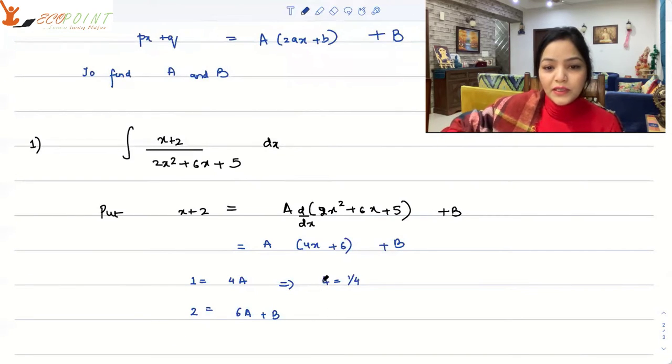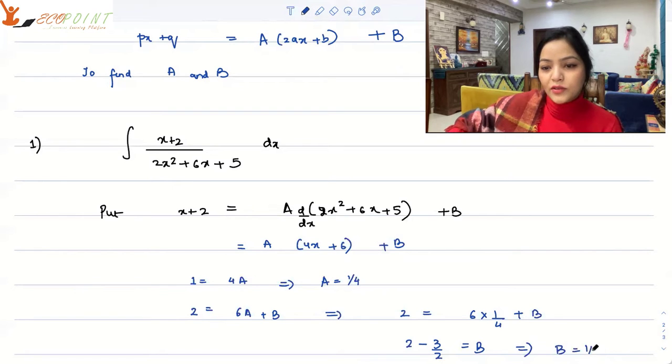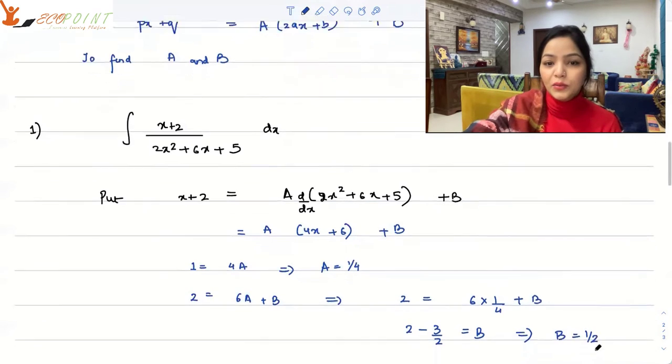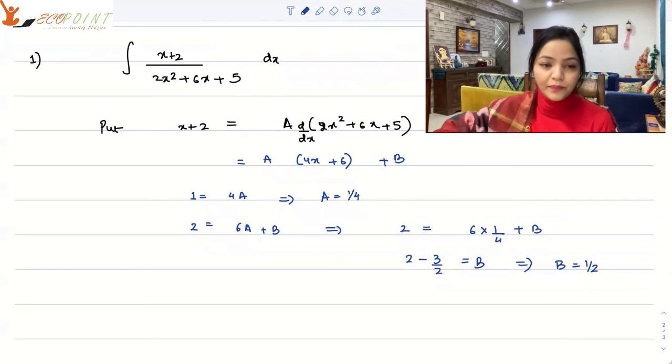If 6a plus b is equal to 2, that implies 2 is equal to 6 into 1 by 4 plus b, or in other words, 2 minus 3 by 2 is equal to b, which implies that b will be equal to half, right?